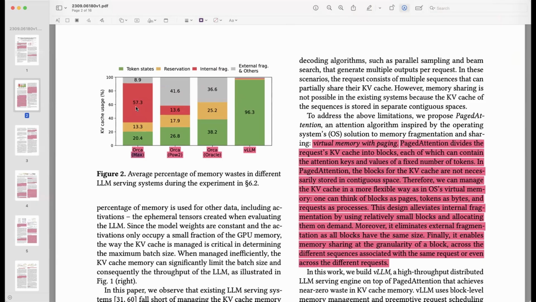The second interesting thing they mention is, suppose I have two requests at a time, and one request is very small: what is the capital of France? The answer is just one word, and it's a very short context length. And the other request is a very complex physics problem with a very long token length.